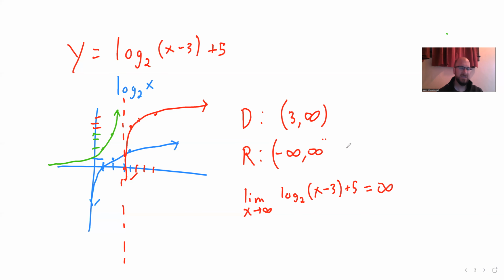Okay. You may have to give intervals where it's increasing and decreasing. Now with a logarithm, it's either always increasing, or if we put a negative in front, it's always decreasing. Same is true with an exponential, although exponentials could be decreasing in multiple ways.